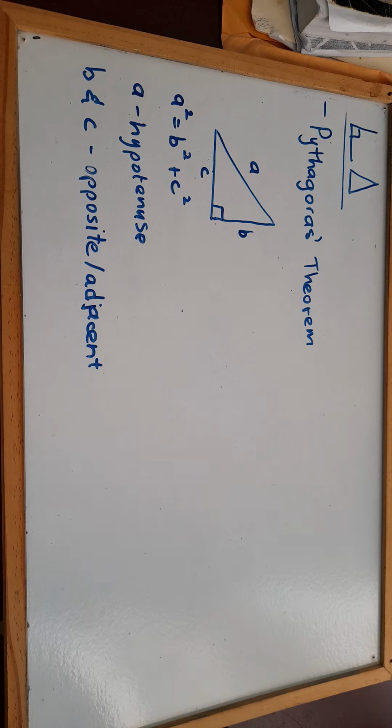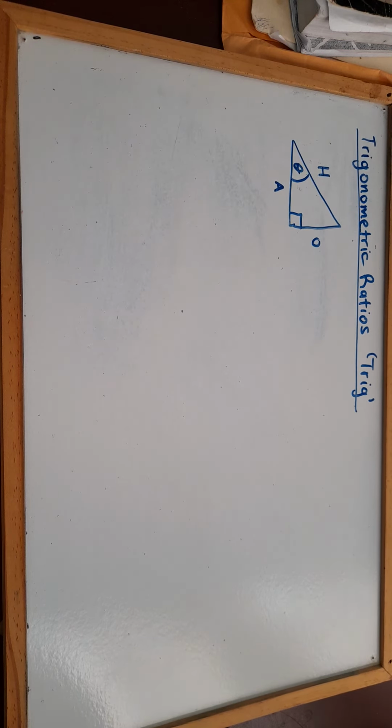We can now be moving on to trig ratios, right? Trigonometric ratios, you hear it frequently, trig. We don't say the whole word trigonometric, we just say trig for short. Again, right angle triangles alone, we're using these for at this stage.